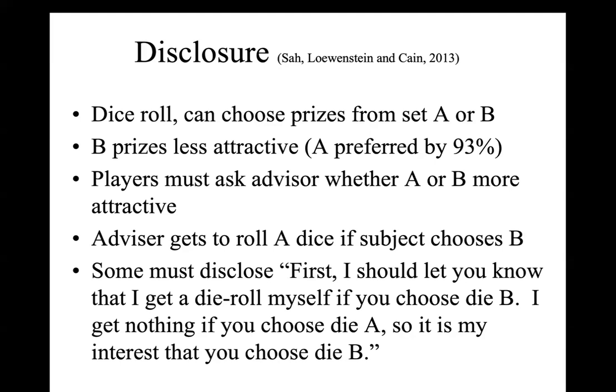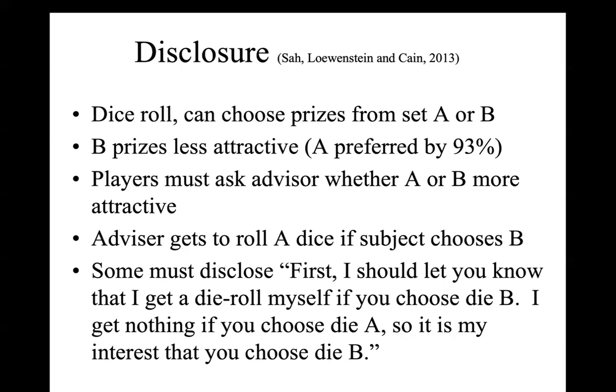There's die A that has a list of prizes that go with whatever number you roll on die A, and there's die B that has a list of prizes that you could win based on the number you roll with die B. Now here's what's interesting. The B list is less attractive than the A list, right? So in other words, A has better prizes than B.